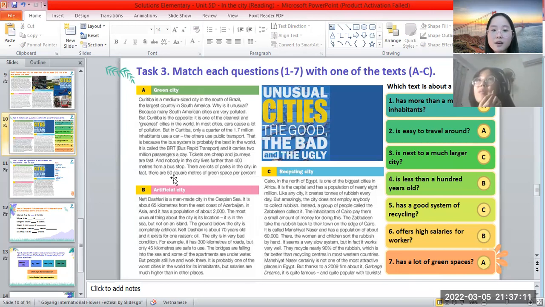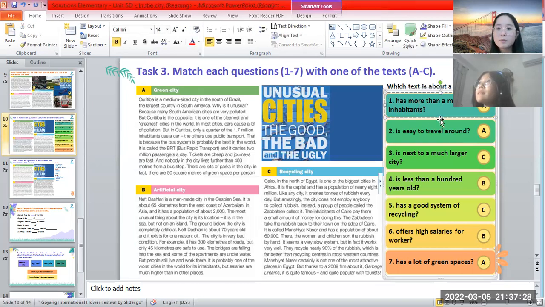In fact, there are 50 square meters of green space per person. So that is A. Okay, do you understand from question number 1 to question number 7? I understand all. Okay, it's quite long.